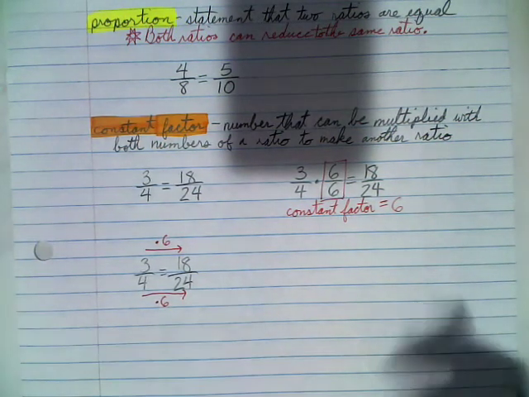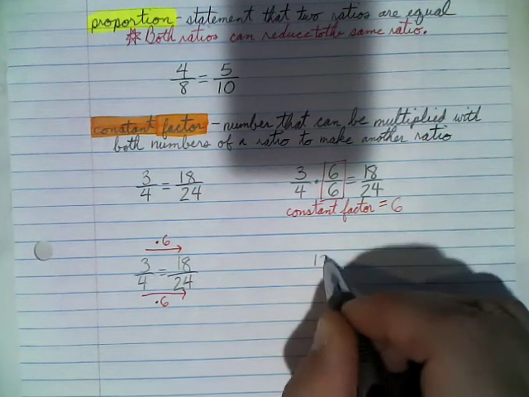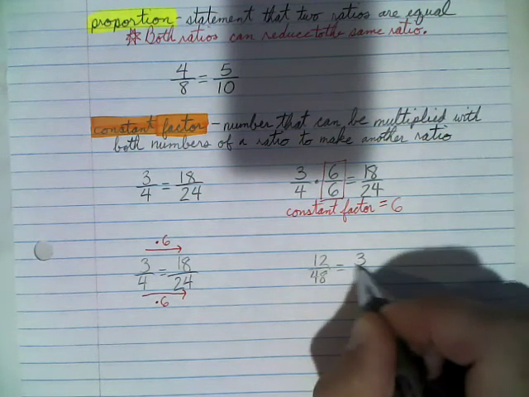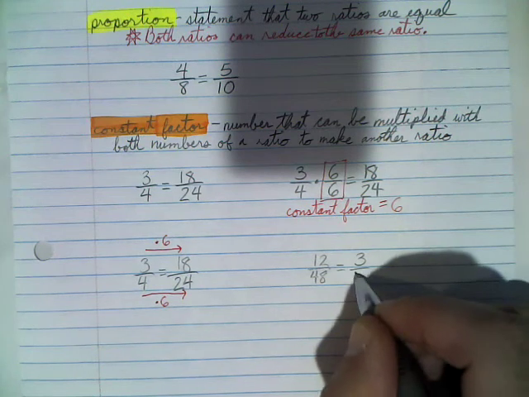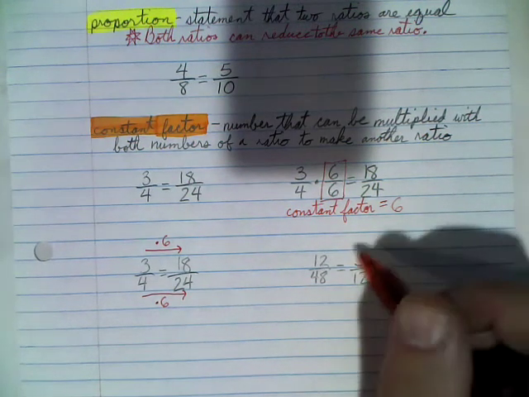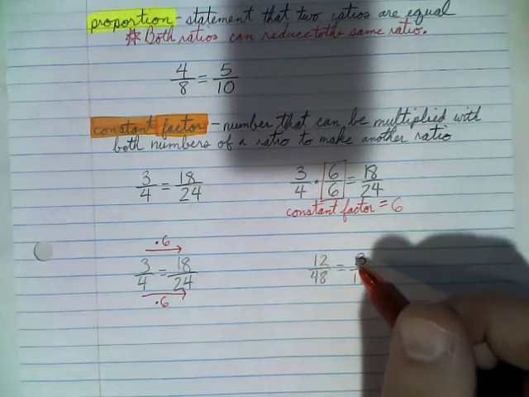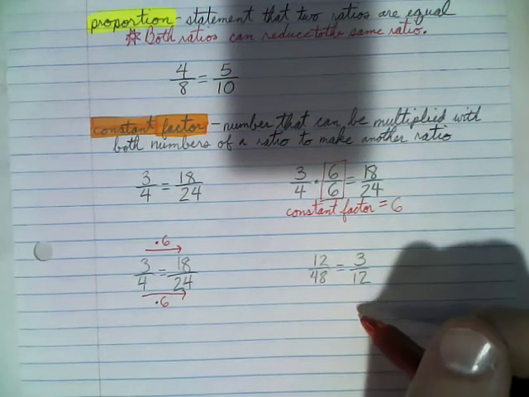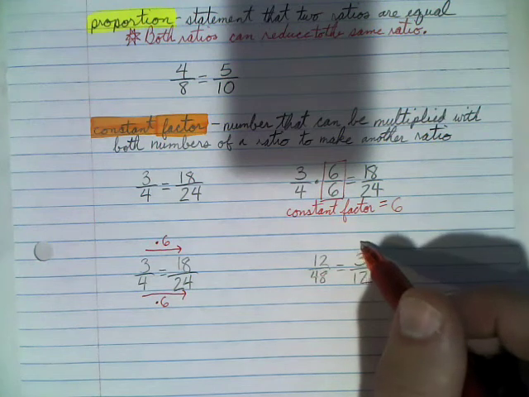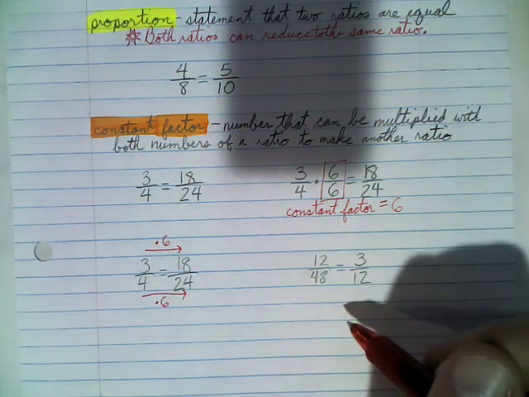Let's take another example. Let's say 12/48, and we say it equals 3/12. So if I'm looking for a constant factor here, we're looking left to right, or we could go right to left, so basically crossing the equal sign.